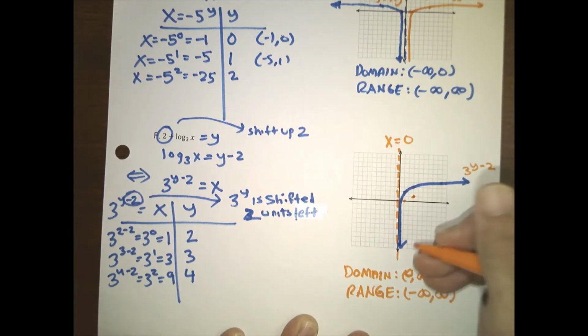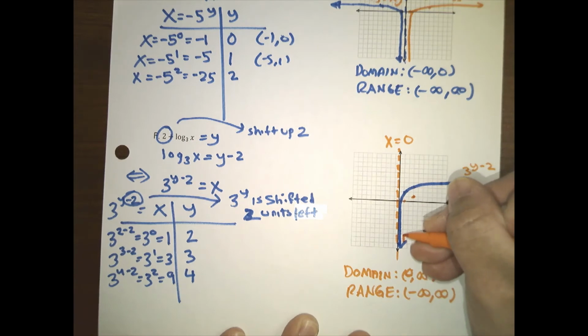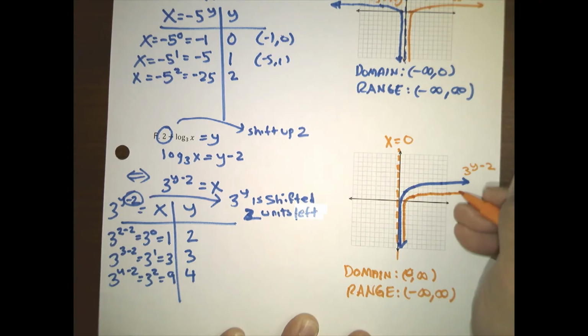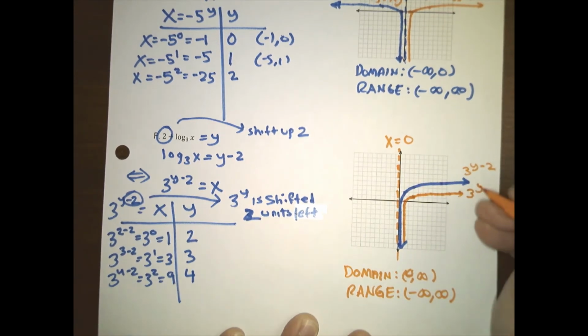Sorry, all of these are really small to actually count, believe it or not. This is really hard to see over here. So this is 3 to the y.